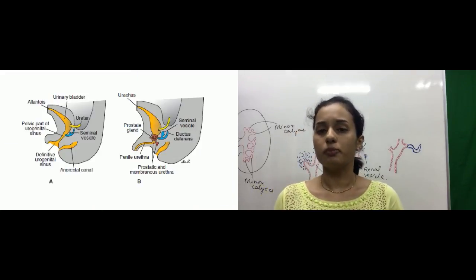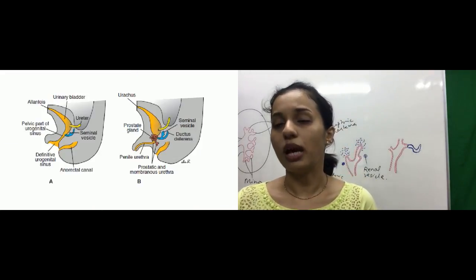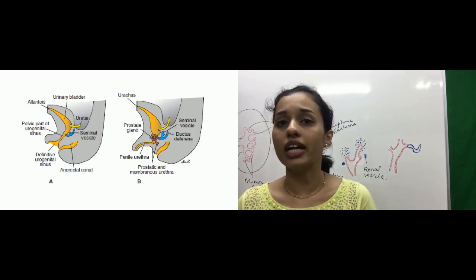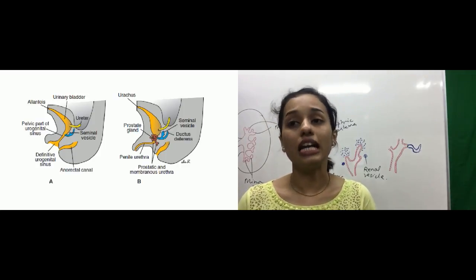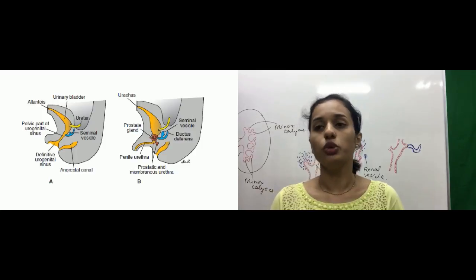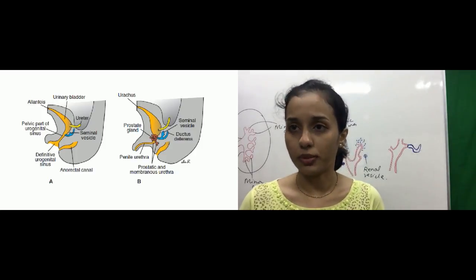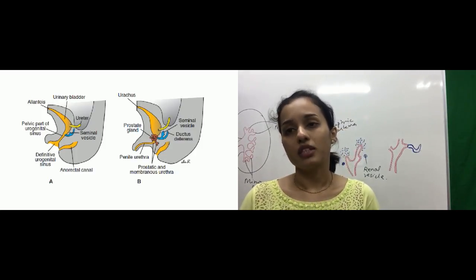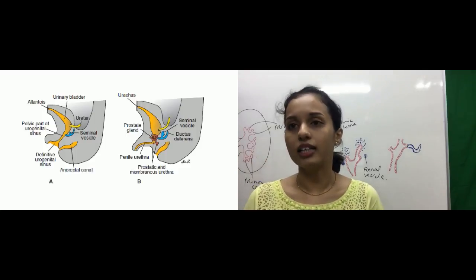In the previous picture you can see the bladder, which is developing from the upper part, has a connection with the structure called allantois. Again, allantois, you can go back to my video on general embryology, is a small outpocketing from the hindgut area that doesn't have any function.